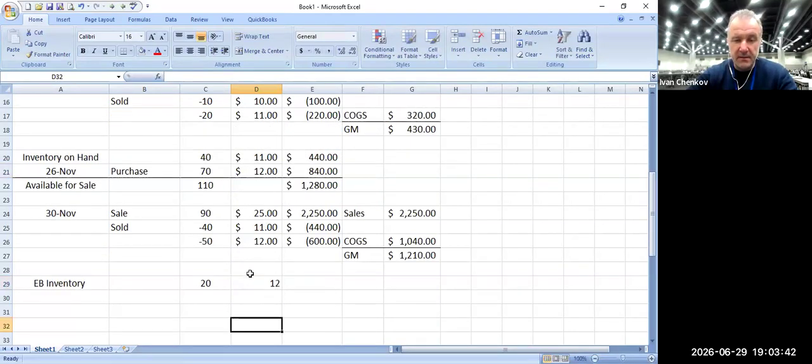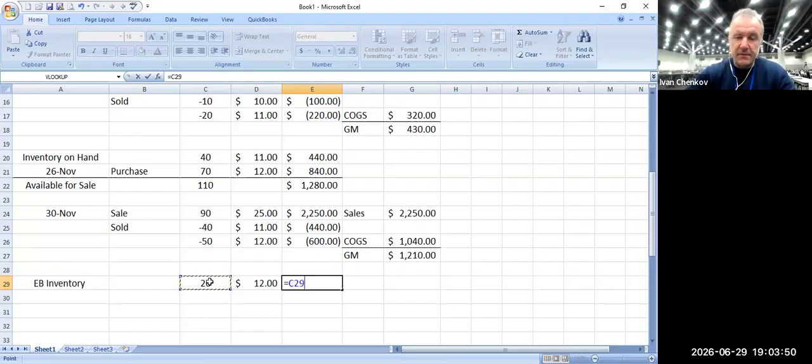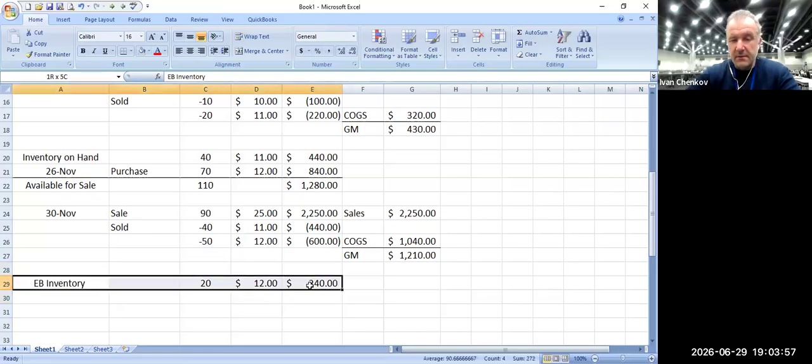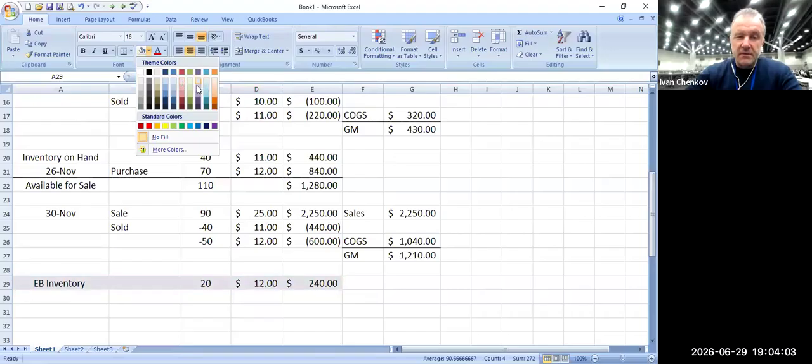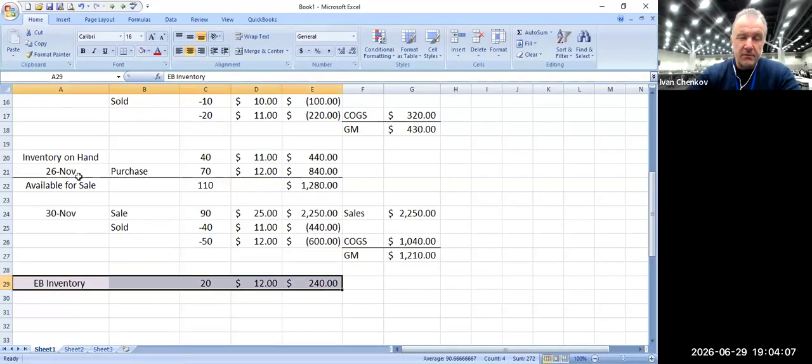That's how much we paid. So our ending inventory is 20 units at $12 per unit. Our ending inventory balance is $240. That's how much those 20 units cost us, which we purchased on November 26th.